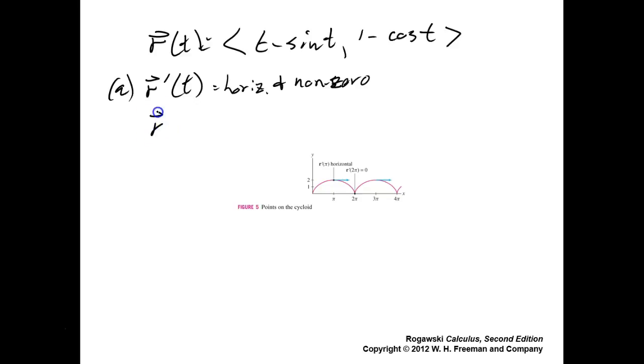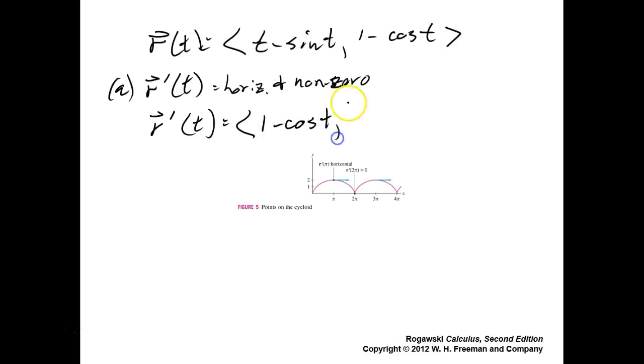Let's find out what R prime is anyway. R prime is equal to, you tell me. How about that t there? Huh? Yeah, okay, I thought you said, I didn't hear you say 1. 1 minus cosine t.